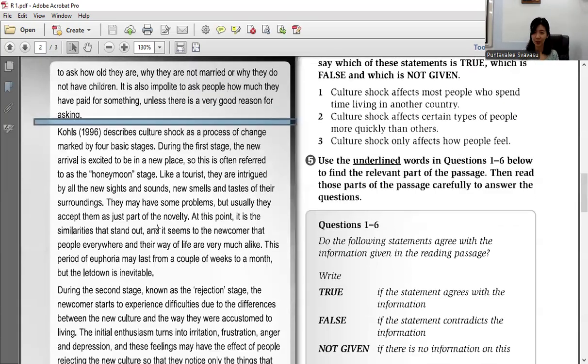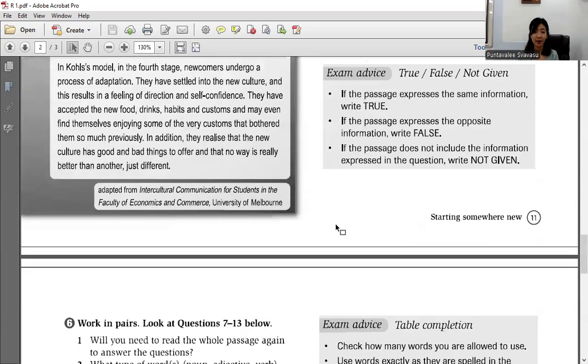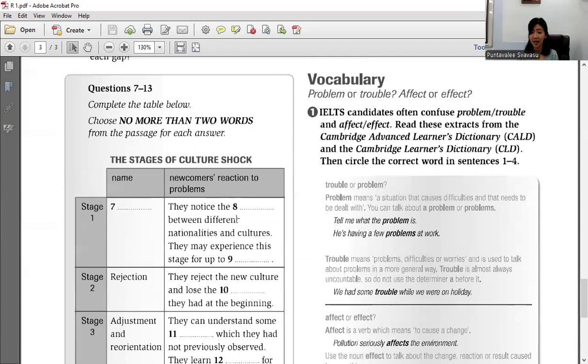So if you work on 7 to 13, you will just focus on this part.